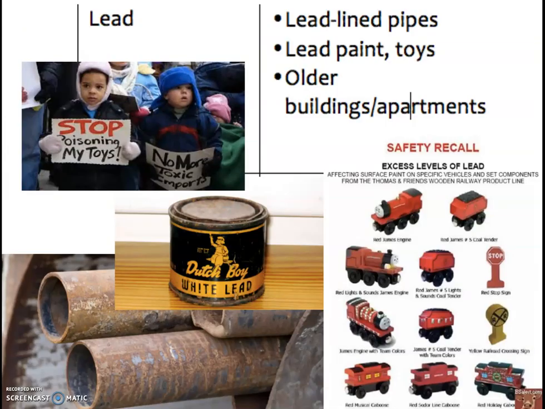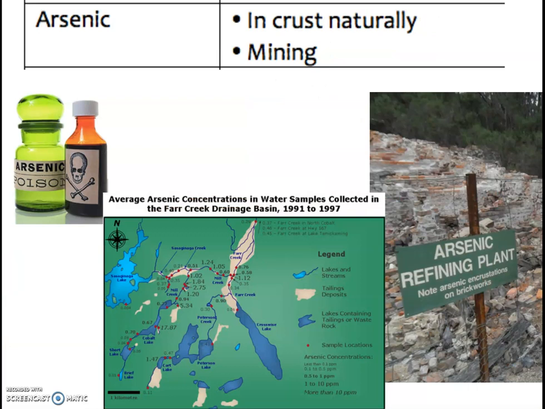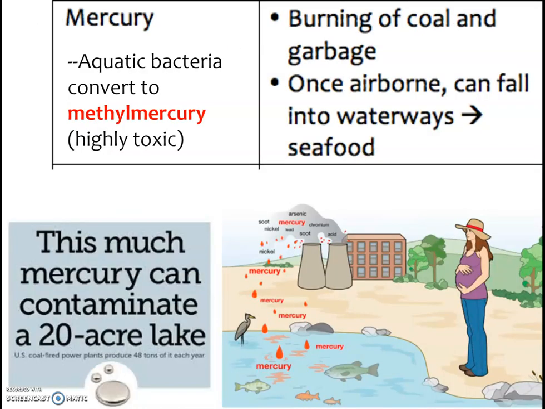Lead is a pollution in water. We can have lead pipes, lead paint, lead toys, lead in older apartment buildings. We talked about that. Arsenic is naturally found in the soil and can also be released from mining, but we know too much arsenic can be dangerous. Mercury comes a lot from coal, burning of coal and burning of garbage.